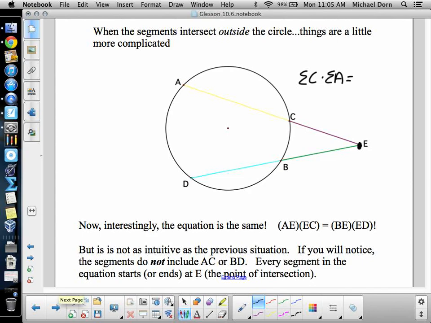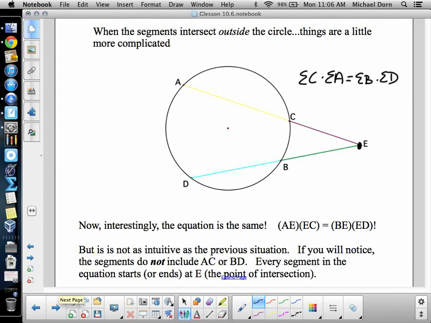All segments that we measure must begin at the point of intersection. That's going to equal EB times what other piece? ED. Notice that just CA never gets used. Just DB never gets used.